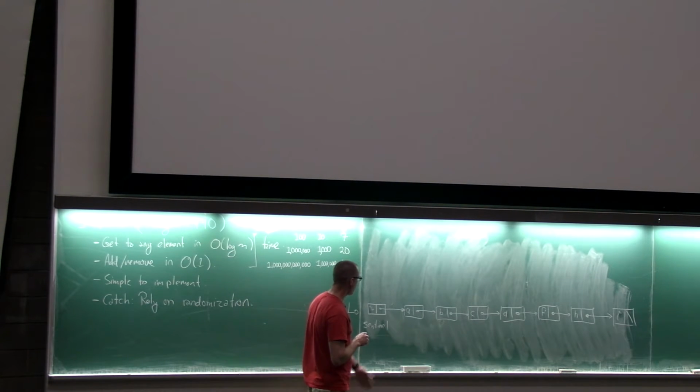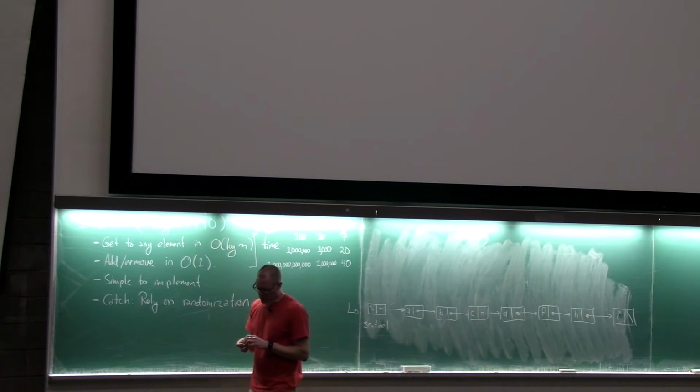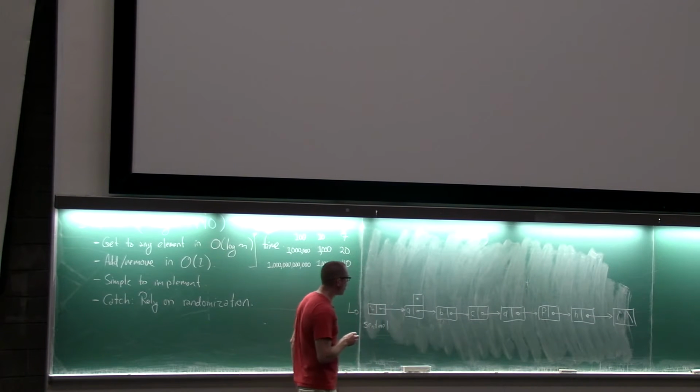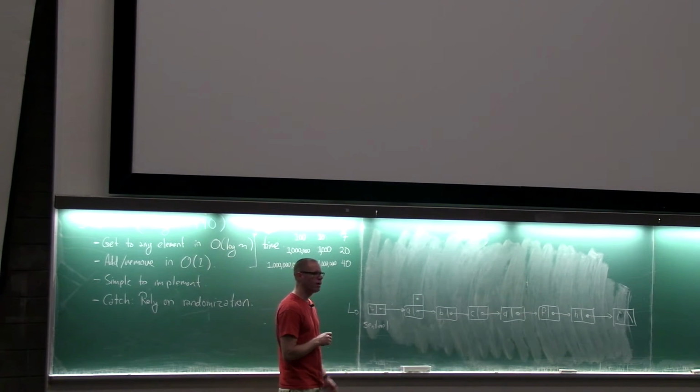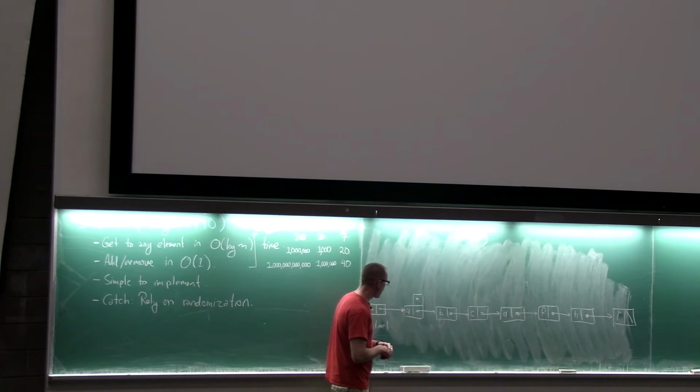And now walk through this list, starting at the first node, the one that comes after the sentinel, and toss a coin. If that coin comes up heads, then you take this thing and promote it up into another list, L1, that we're going to build on top of this one. If that coin comes up tails, then you just leave it where it is. So let's say we got to this thing, and the coin came up heads, so this guy gets promoted.